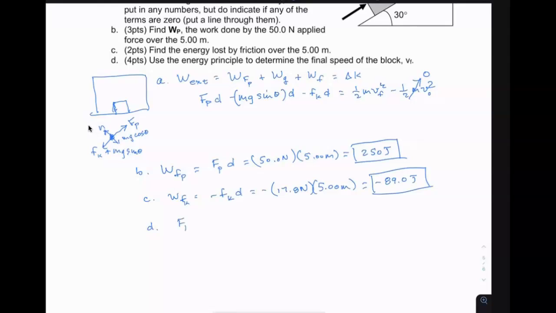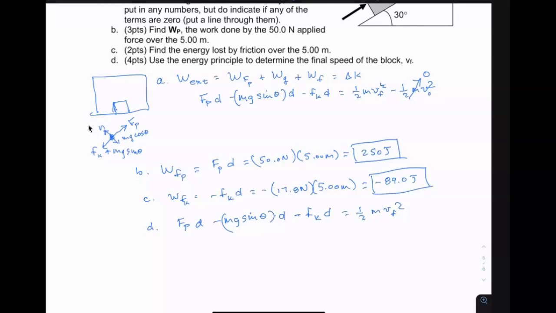F sub P times D minus mg sine theta D minus F sub K D is equal to 1/2 mv squared.